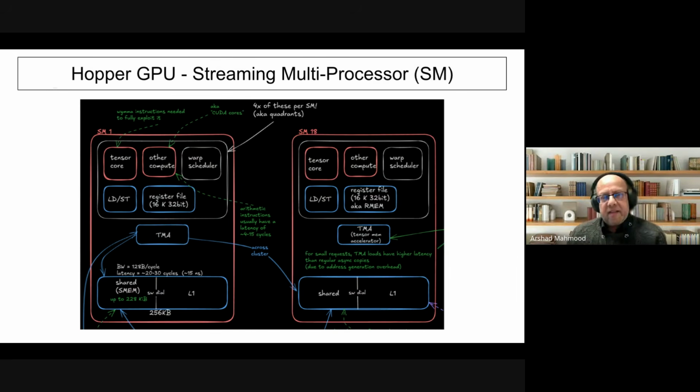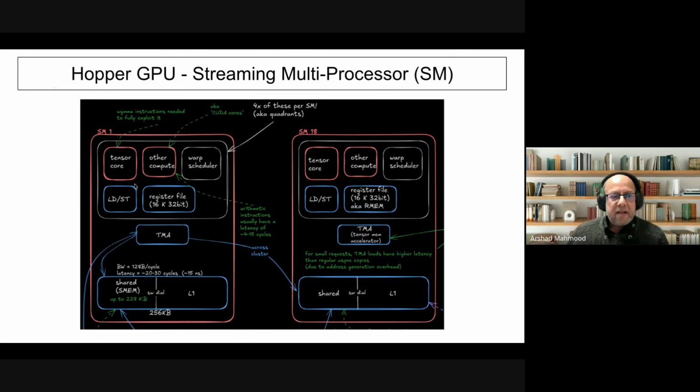Now, the SMs, the streaming multiprocessors, are really where all the action takes place. There's usually just 120 or 130, but each one has quite a lot of circuitry. The main bits are things like the tensor core, which helps do matrix multiplications in hardware.